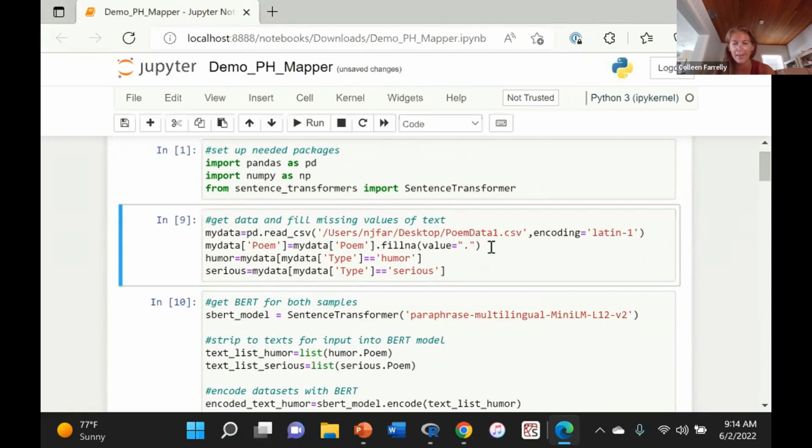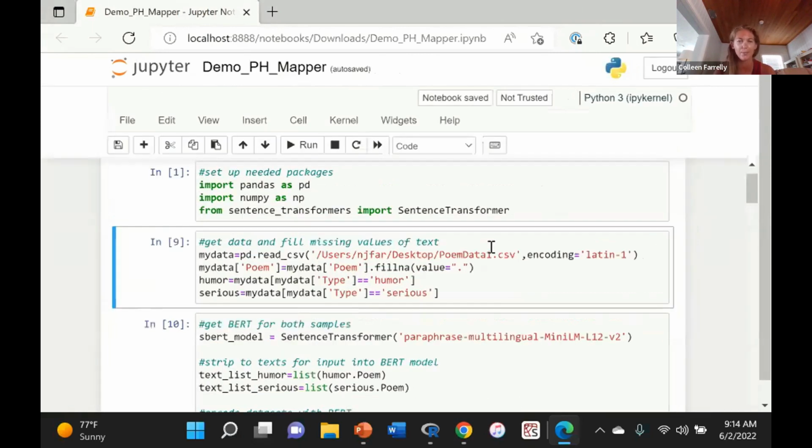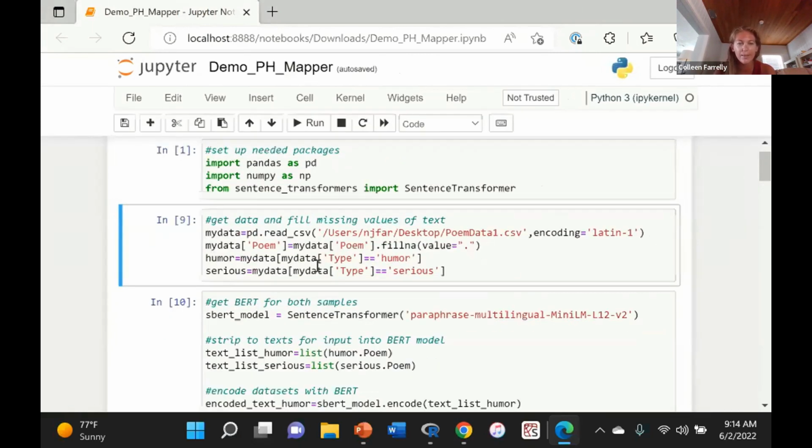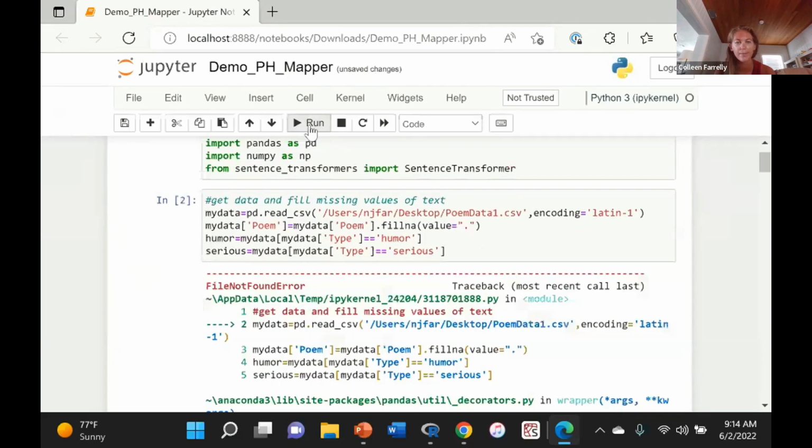And one of the things that we need to do when we're applying this deep learning method, this BERT model, is to fill any missing values so that it can fill these in. And we're going to separate this out into humorous poems and serious poems based on the type in the data set.